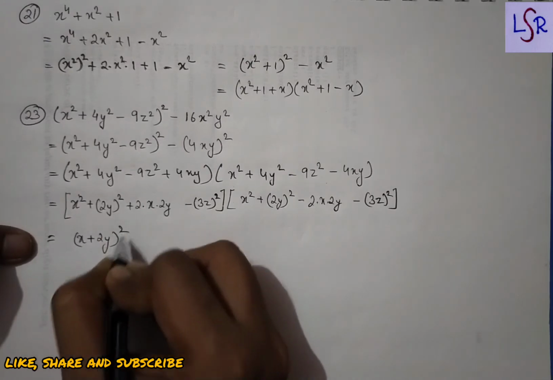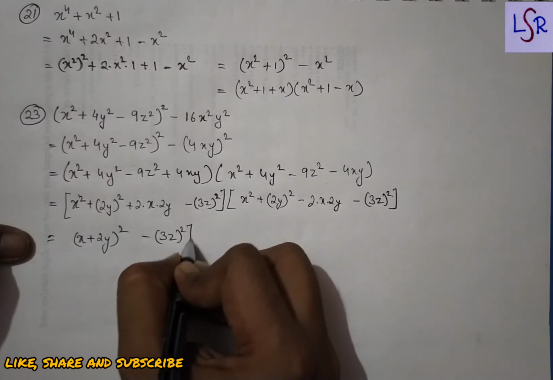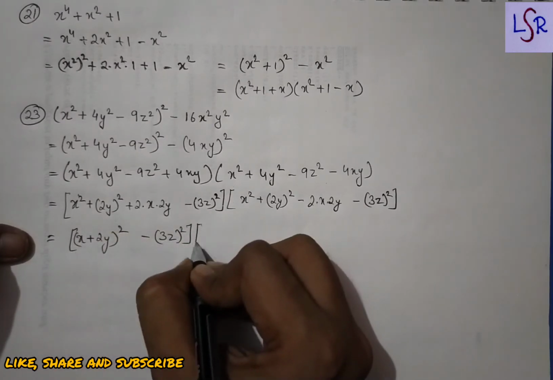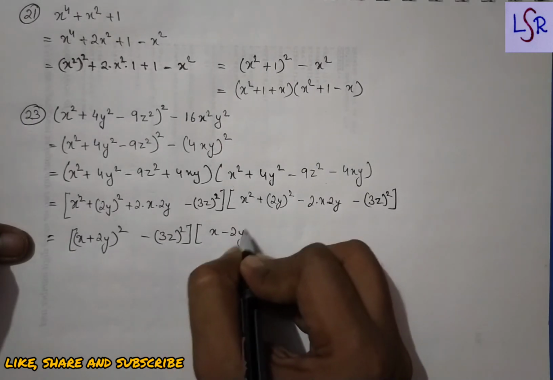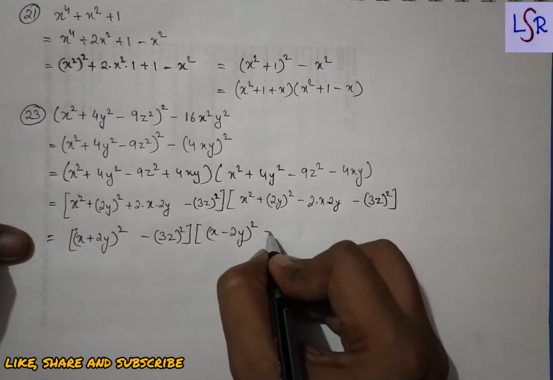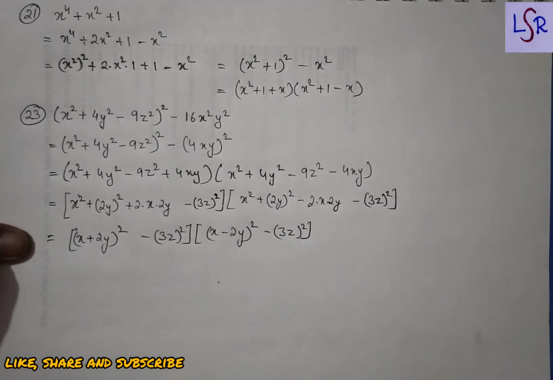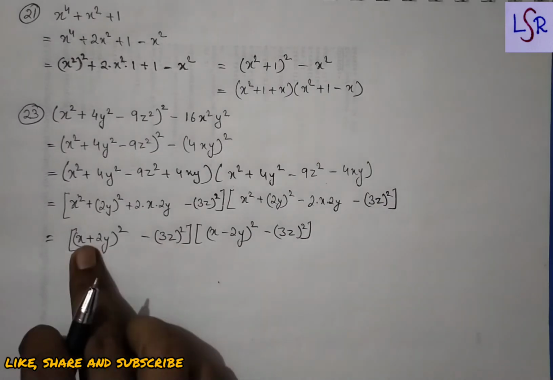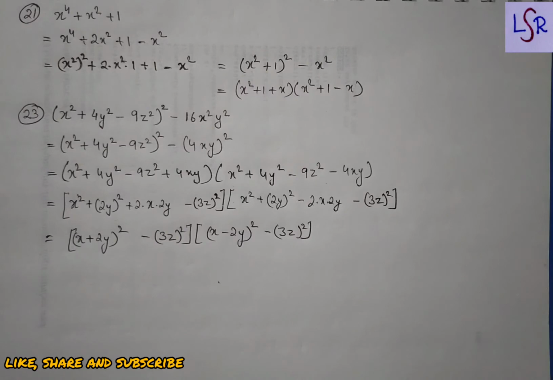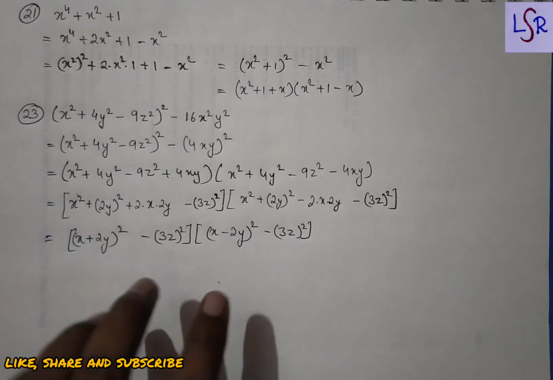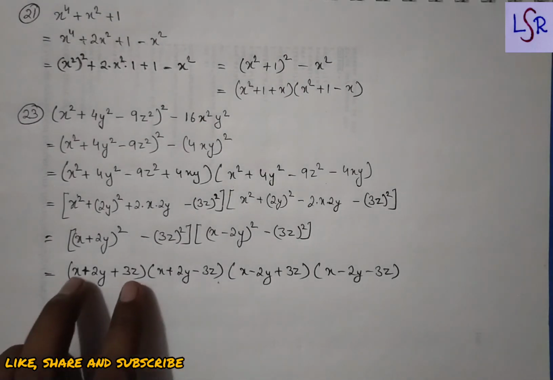This will be just copied, 3z square, and here this will be x minus 2y to the whole square minus 3z whole square. Now they are in the form of a square and b square, so they can be written as the sum and the difference of these two expressions, and here too in the same order. And on writing the sum and the difference, we have got this whole expression.